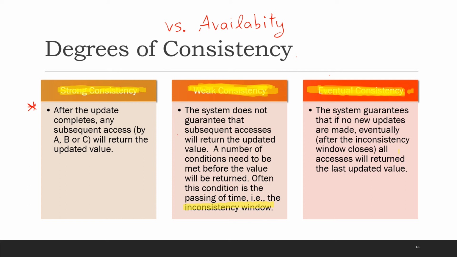In this case, the system guarantees that if no new update has been made, the system will eventually make all the updates replicated, synchronized among all the nodes. And that means all access to the data from any nodes will return the last updated value, eventually.